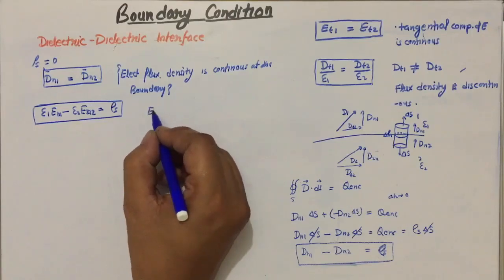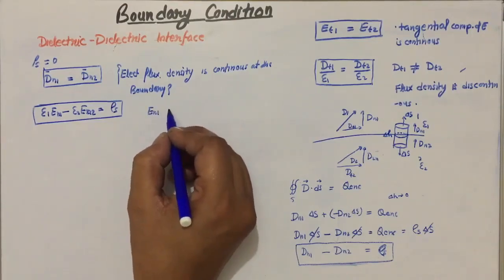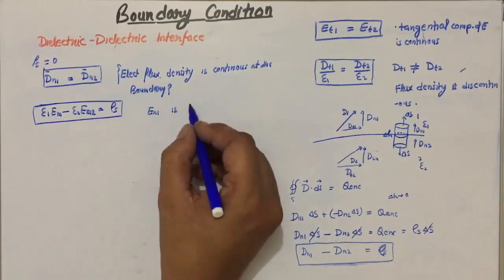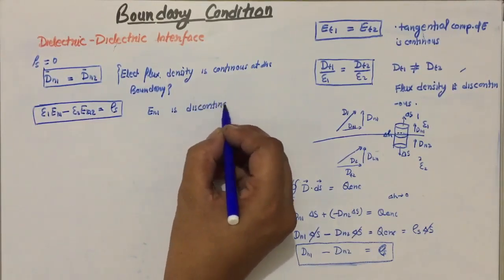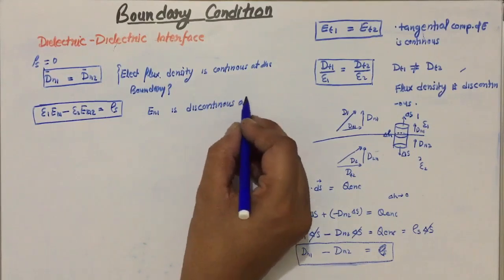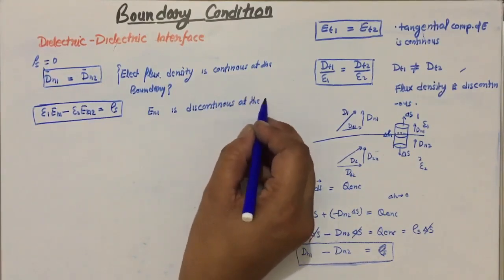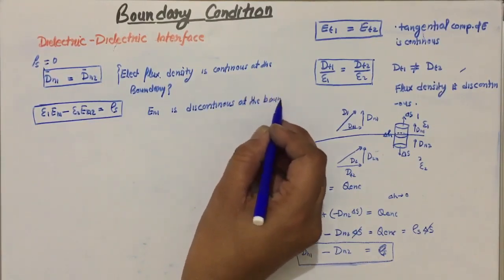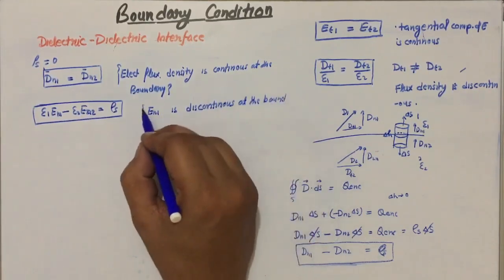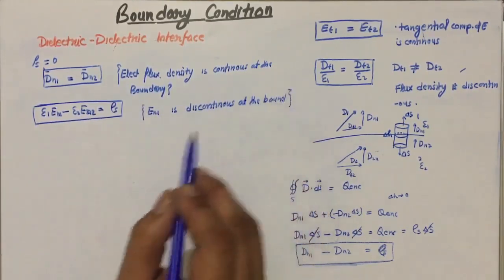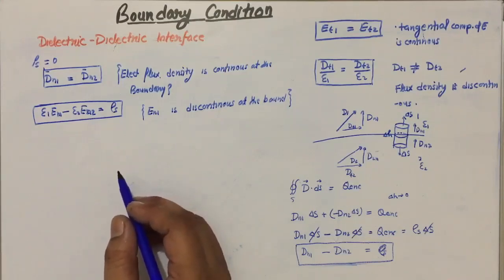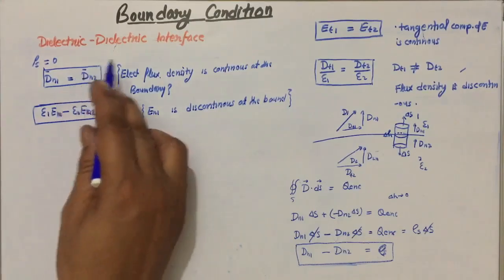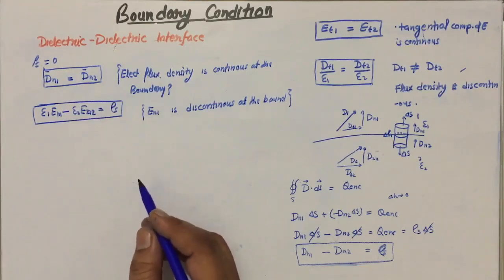So En1 is discontinuous at the boundary. Now this is the first case, when we consider the dielectric and dielectric interface.